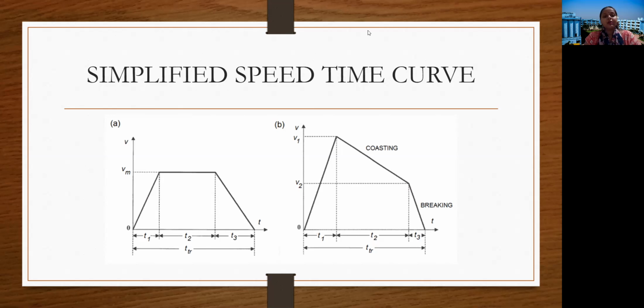In the trapezoidal speed time curve we have a free running portion. These are mainly for larger distances in rural areas where the train is supposed to travel a long distance. The quadrilateral speed time curve, figure B, is for urban systems where there is no scope for any locomotive to have a free running period.